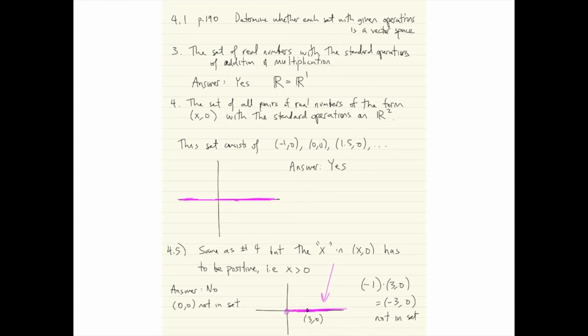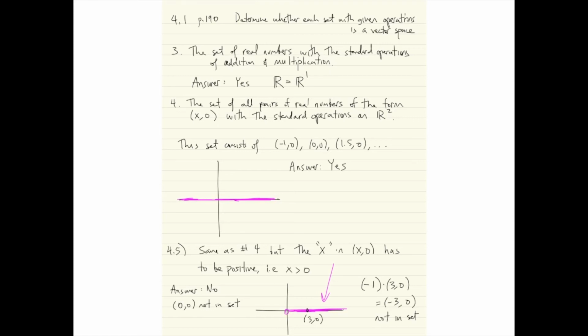That's a fancy way of saying that when you take that vector or element and add it to any other vector, you get that other vector back. So this is one reason why this set, where the first coordinate is greater than 0 and the second coordinate is 0, is not a vector space: it doesn't have the 0 element.